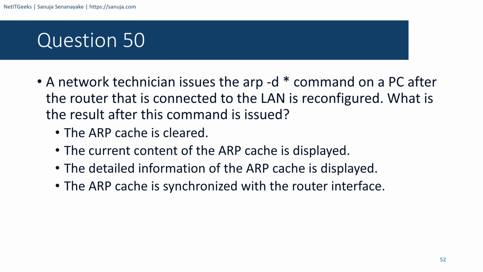In other words, what does this command do? The answers could be: the ARP cache is cleared, the current content of the ARP cache is displayed, the detailed information of the ARP cache is displayed, the ARP cache is synchronized with the router interface.